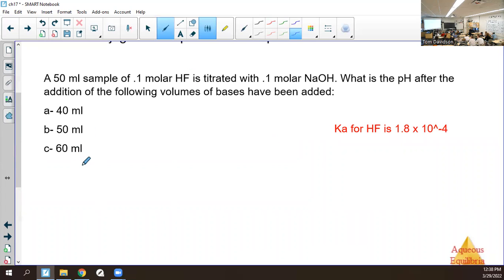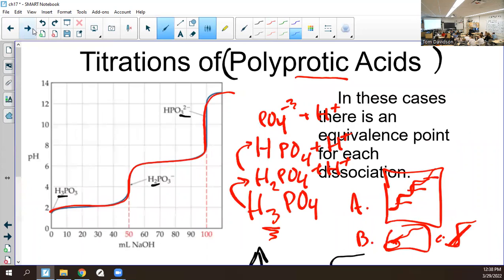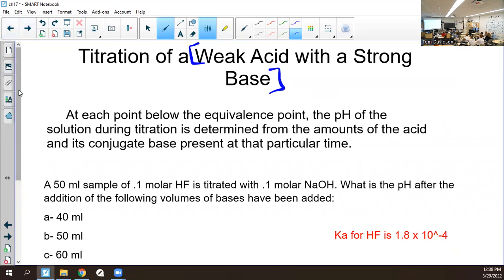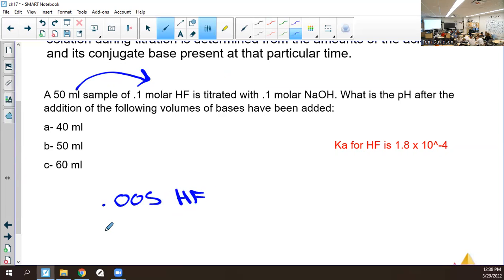No, wait a minute. I'm doing something wrong in my head. Let's just math it and see if I can figure out what I'm thinking wrong. We had 0.00 what again of HF, and we have 0.005 of OH minus.